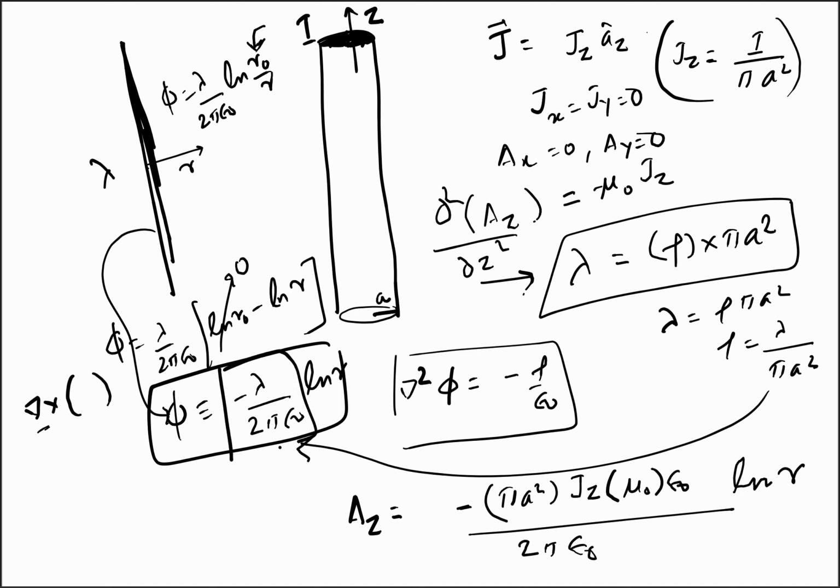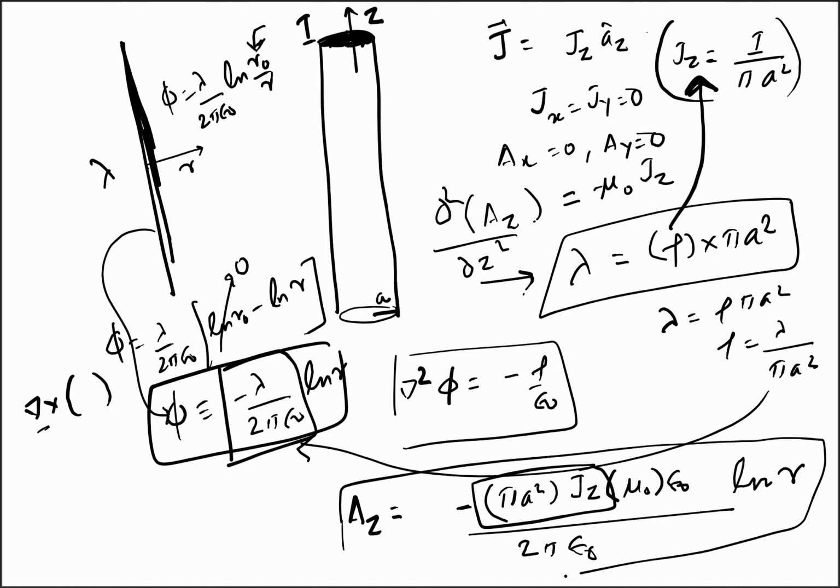I have replaced lambda with rho pi a square, and rho is equivalent to Jz here. So lambda is rho pi a square and rho is equal to Jz. So in this way we have just directly found Az by knowing the solution of the scalar potential.